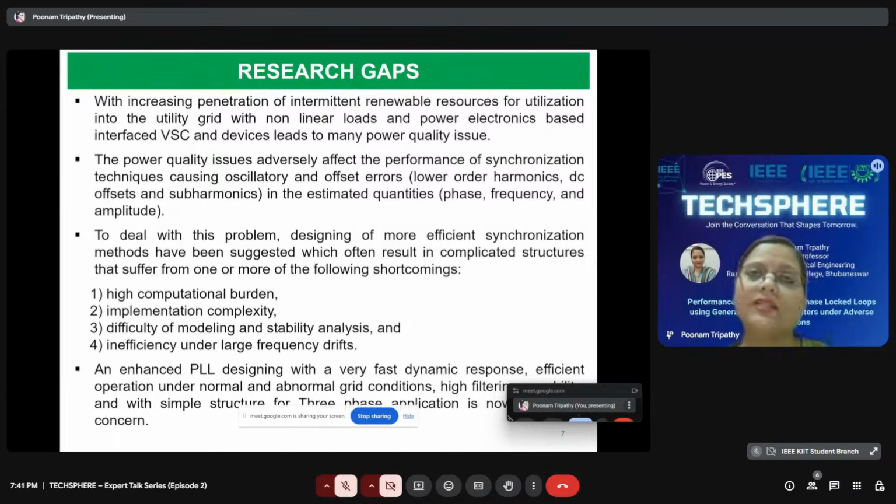So an enhanced or robust PLL method must be capable of accurately tracking grid parameters like voltage magnitude, phase angle, and frequency under any adverse grid condition, with enhanced disturbance rejection capability and minimum settling time, which ultimately leads to faster system dynamics and a faster transient response in order to achieve robust synchronization.